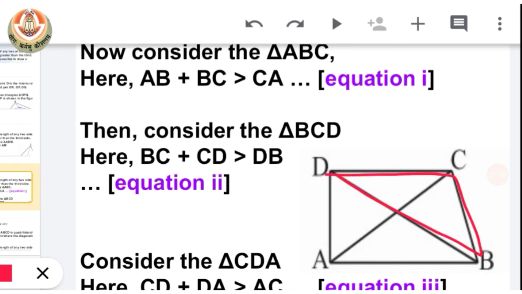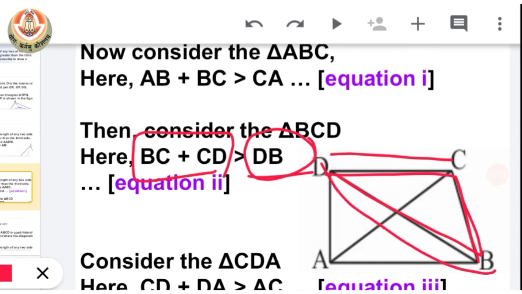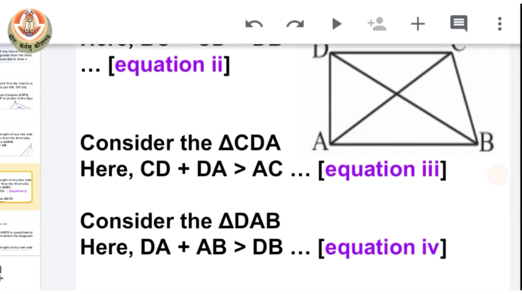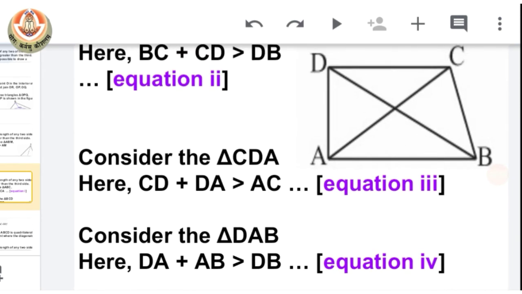In such a case we want diagonals on the one side and the side of the quadrilateral on the other side. So we will take the diagonal as the third side. So BC plus DC gives a sum greater than DB. Okay. Class, you have to just focus on the property of the sum of two sides of a triangle.